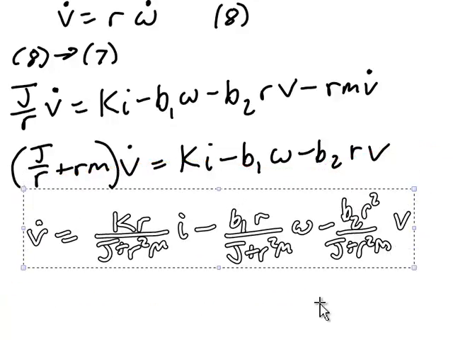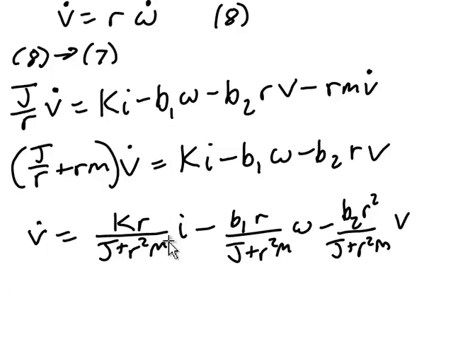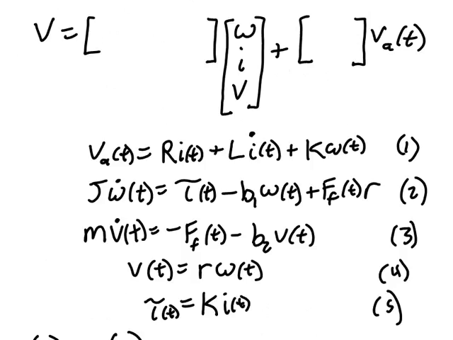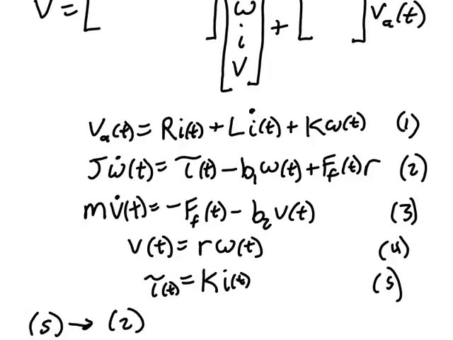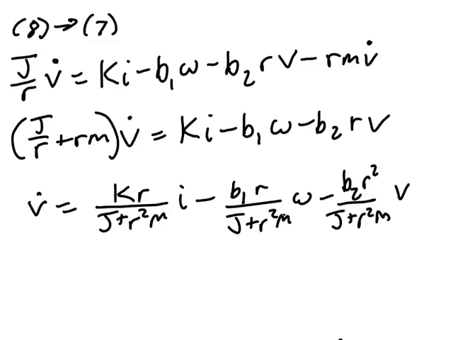I'm going to take each of these coefficients now and write them into my matrix. So the coefficient in front of I is kr over j plus r squared m. The coefficient in front of omega is negative b1 r over j plus r squared m.